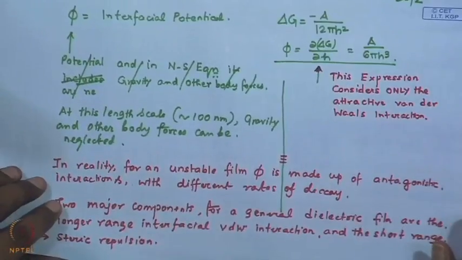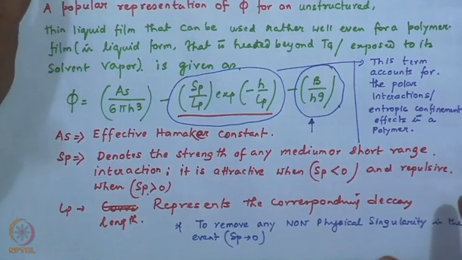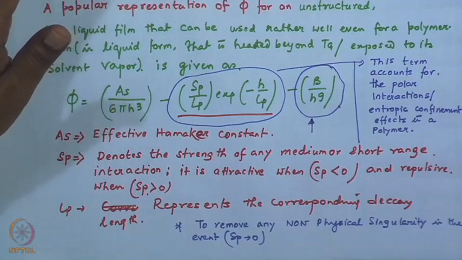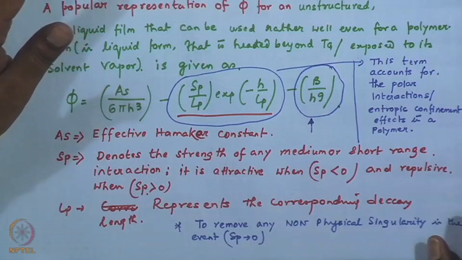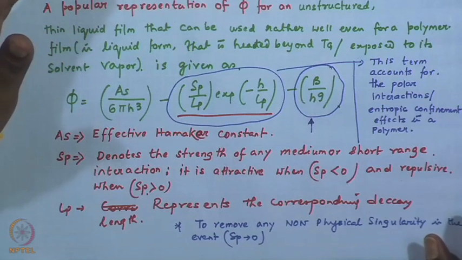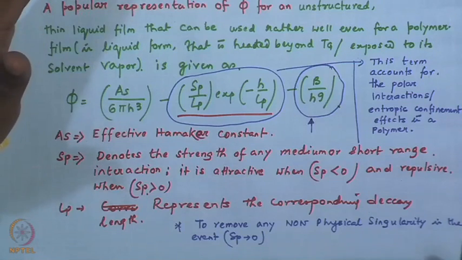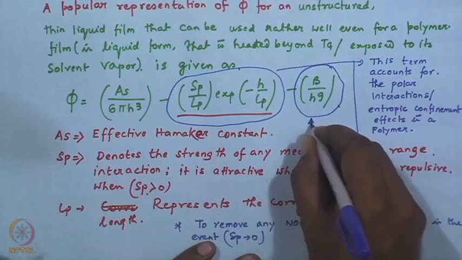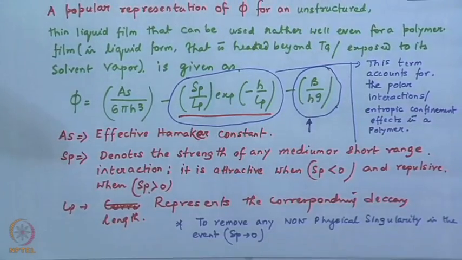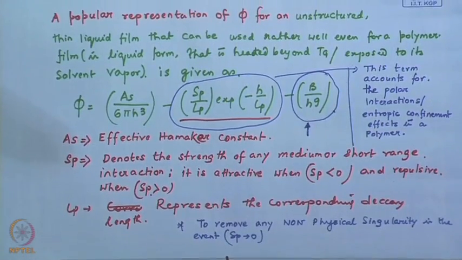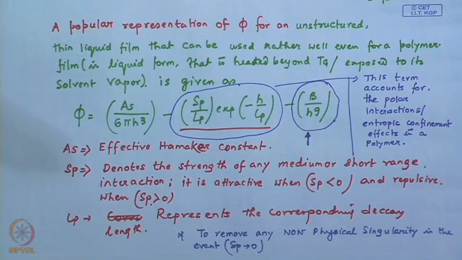Because, as we have already talked about, under the hydrodynamic framework, no study of wetting or dewetting is possible until and unless there is a short range repulsion or repulsive terms are present. So, in the event there are no repulsive terms present in your system physically, you can't run your simulations based on the hydrodynamic framework, that is, considering the Navier-Stokes equation to be the governing equation. So, you need to sort of have something, this is a non-physical singularity, a very local one, akin to a local contact repulsion, but that term has to be present.